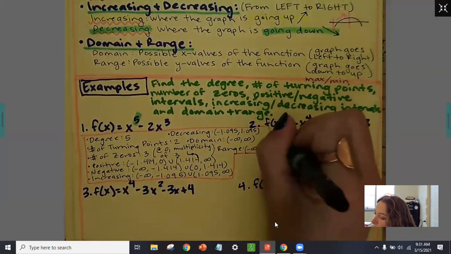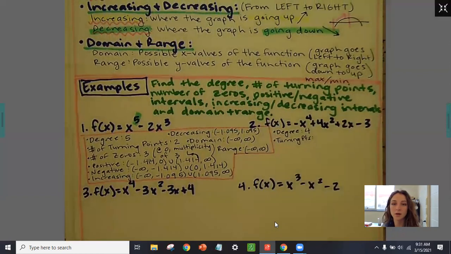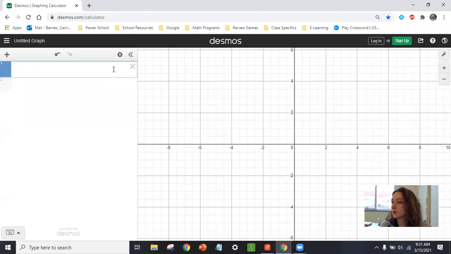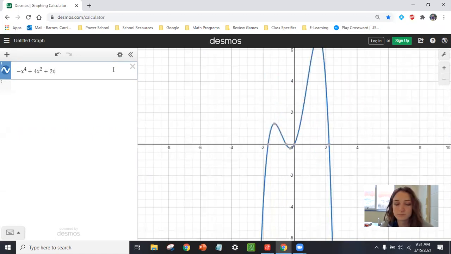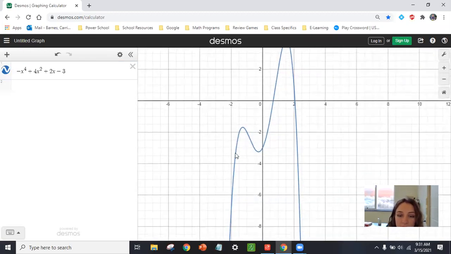So now let's look at the turning points. All right, and we're just going to go to Desmos and type this in, see how many maximum and minimum values we have. Okay, so here's our function. You can see it's going from increasing to decreasing, so there's one maximum.